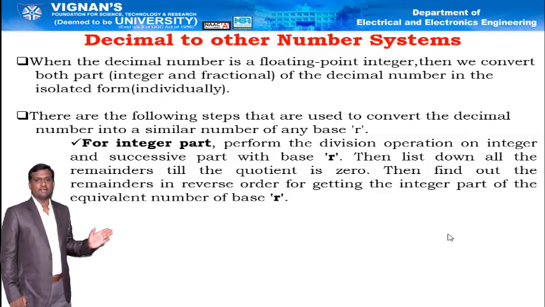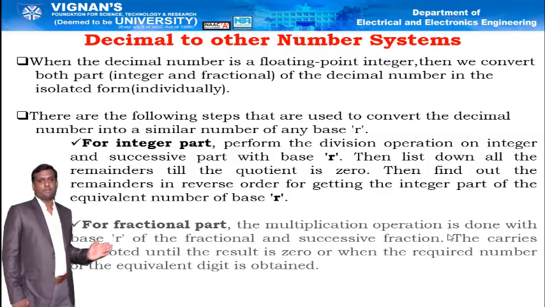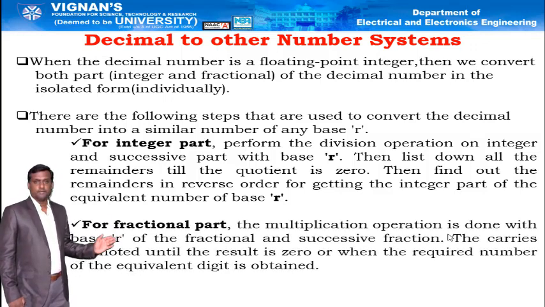Then take the remainders in reverse order to get the integer part of the equivalent number of base r. This is the procedure we have to follow for the integer part conversion. For the fractional part conversion, the multiplication operation is done with the base r on the fraction and successive fractions.